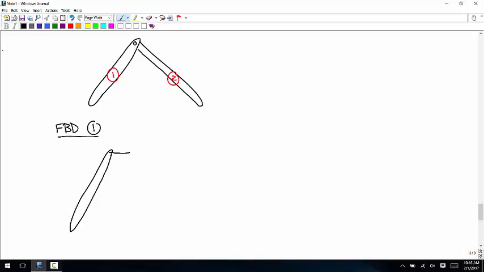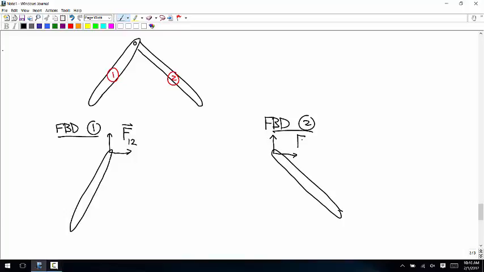There's a force with an unknown direction, F on 1 by 2. And then when you go to the second body, there's a force vector on 2 by 1. Since those subscripts are the same but switched, that's equal to negative F12.